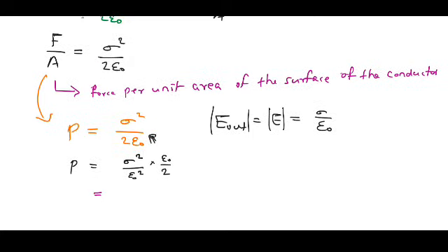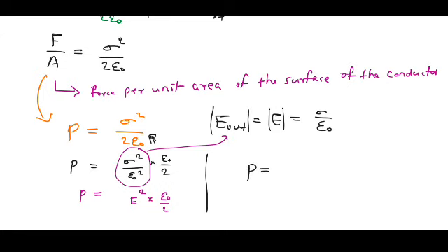This is sigma divided by epsilon 0 whole square, that is E out square, so we get E square into epsilon 0 by 2, that is P. Finally, we can write the electrostatic pressure P as epsilon 0 by 2 E square. This is the expression for the electrostatic pressure on the surface of the conductor.